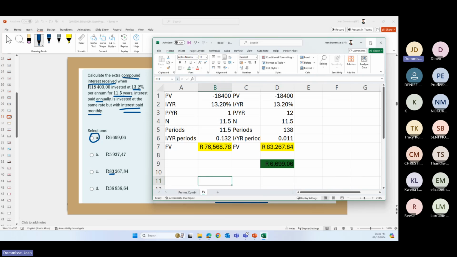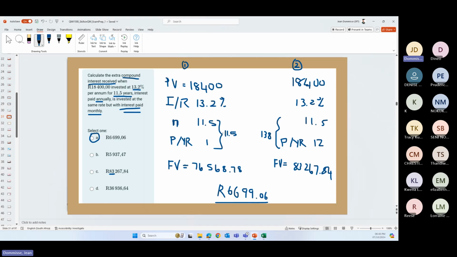I will definitely also share this with you so that you have it. So again, you can use the financial calculator, you can use Excel. You're allowed to use calculators, Excel. You could use the formula sheet if you want to use that. I will share the formula sheet again with you guys, so that you have it.